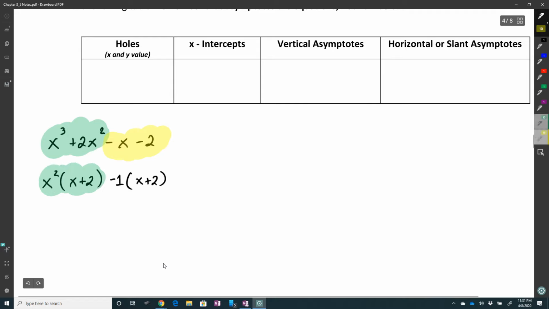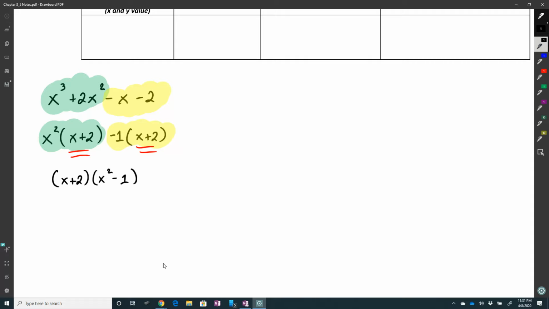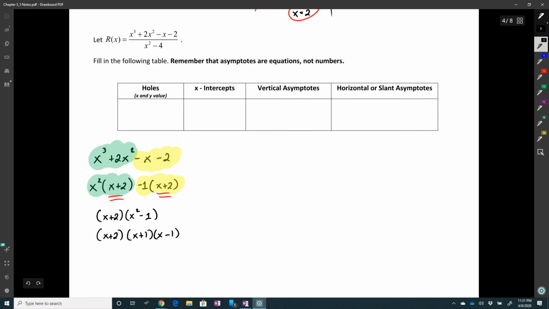That's group 1, that's group 2. But then you ask yourself, what do they have in common? The x plus 2. So x plus 2 times x squared minus 1. And then finally, x squared minus 1 factors into x plus 1, x minus 1. So that one was a little tricky, but I can rewrite that up here.